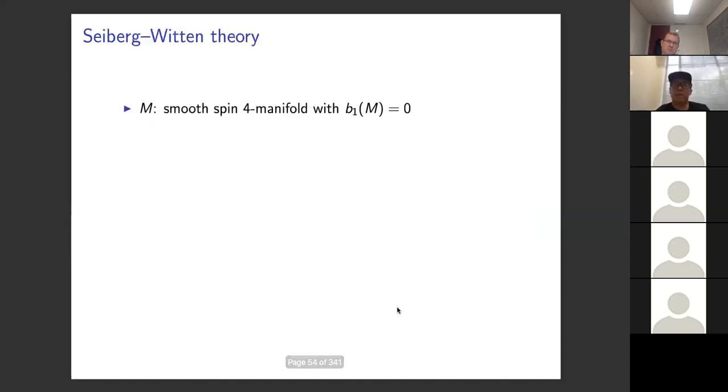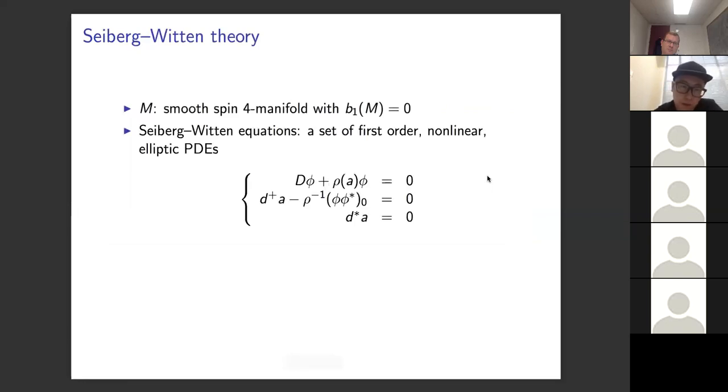This is the part I'm least familiar with, but I'm going to try to explain how Furuta connects four-manifold theory to equivariant stable homotopy theory. It starts from analysis. Suppose M is such a smooth spin four-manifold. One way to study a manifold is to study functions over it, or even PDEs over it. The Seiberg-Witten equations are a set of first-order nonlinear elliptic PDEs of this form.